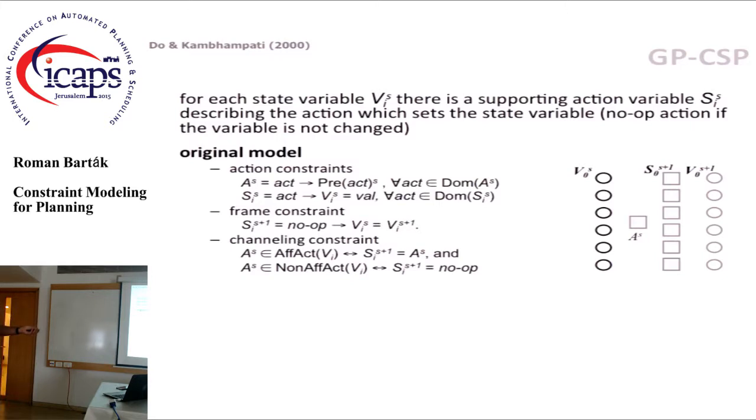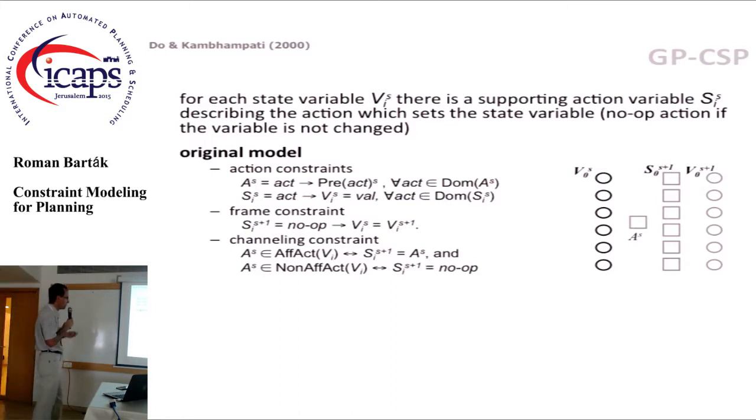And if the action is not affecting that variable, then this state definition action should be no-op, right? So if it's the action that is modifying the variable, it must be filled there. If it's not that action, it will be no-op. So in this case, we will ensure that if this action is selected, exactly the right variables will be filled by this action, and all other variables will be filled by the no-op action.